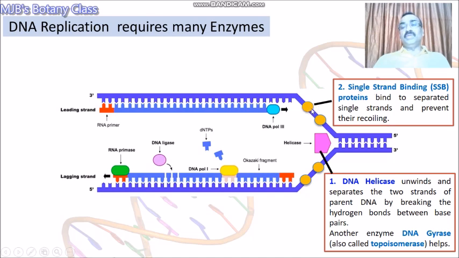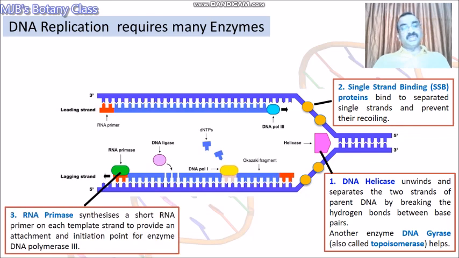Now they do a very specific job here. They bind to the separated strands of the parent DNA and prevent these separated strands from recoiling. Therefore they are also called single strand binding proteins. So to summarize, they stabilize the separated single strands.